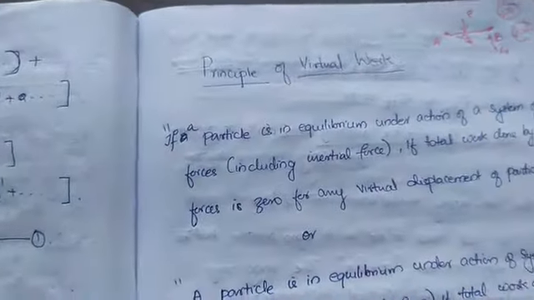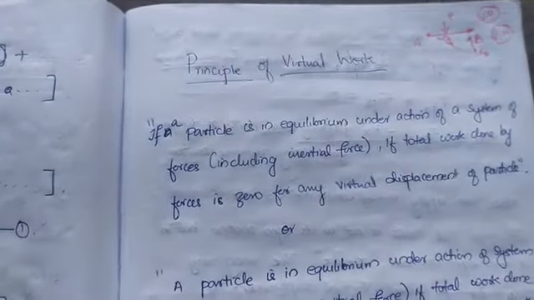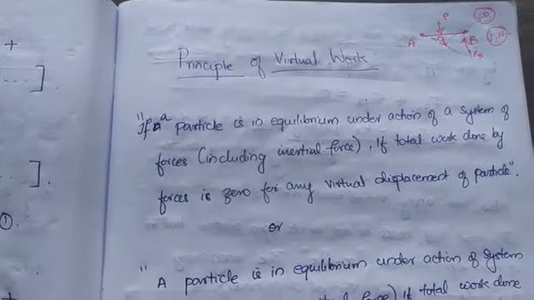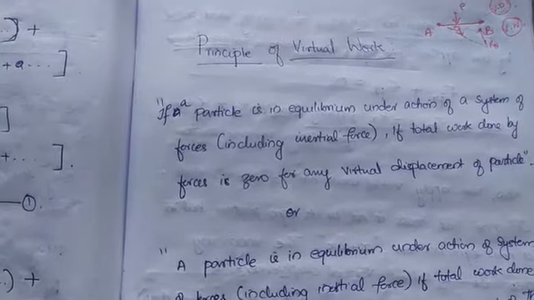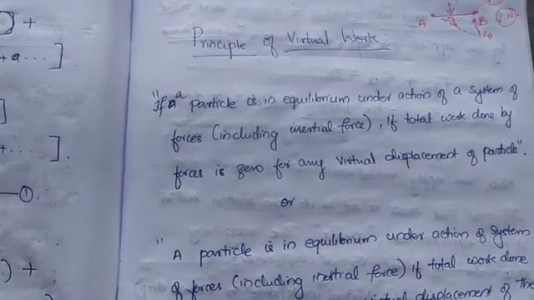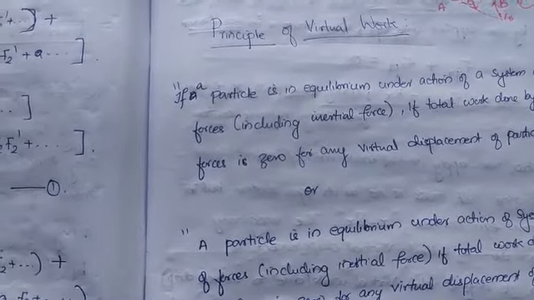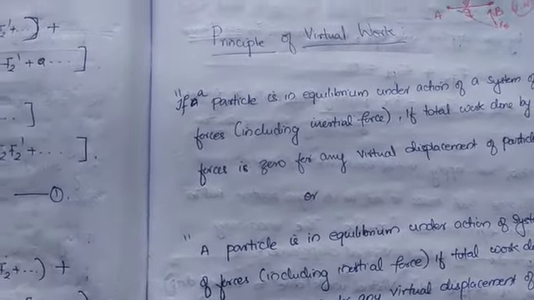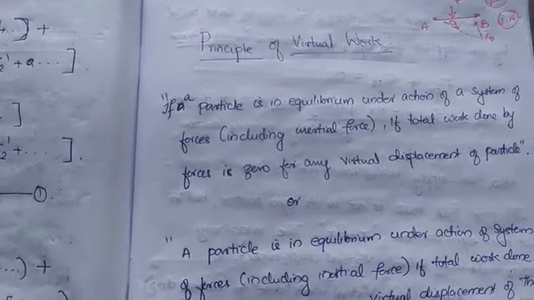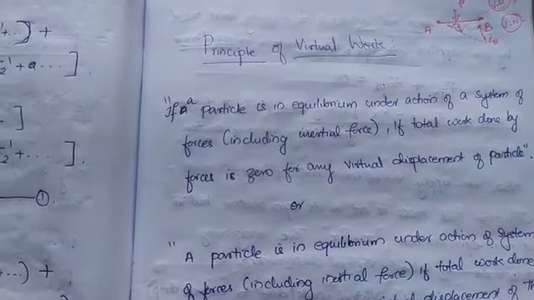Now today we have two important theorems and two important concepts. One is the principle of virtual work, which you have already studied in your engineering mechanics syllabus, right? So what do you mean by virtual work?